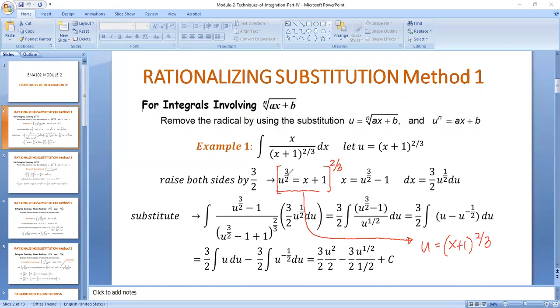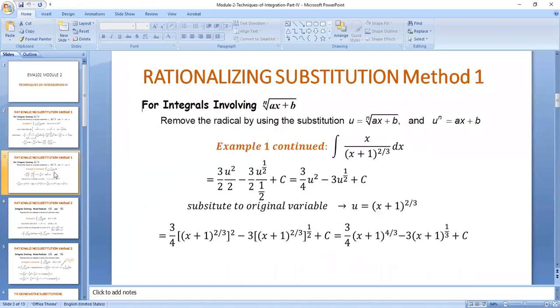U has to be u, so this entire equation needs to be raised to the reciprocal of the exponent of the u. So you have u equal to x plus 1 raised to 2/3. This is the expression that you see being substituted on the next line.